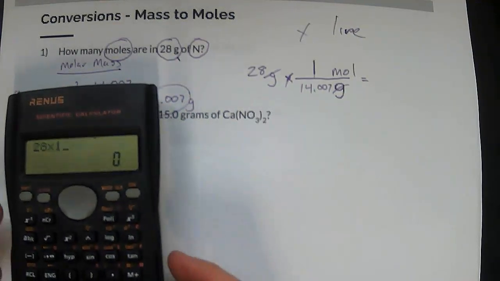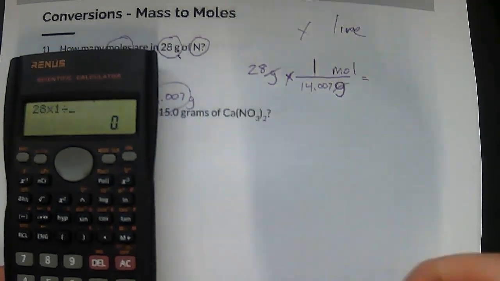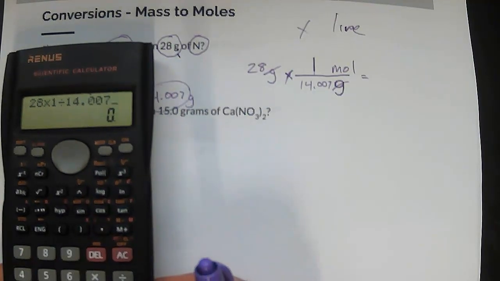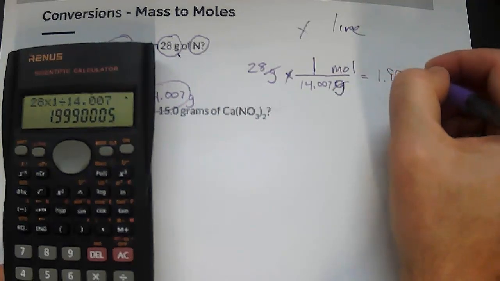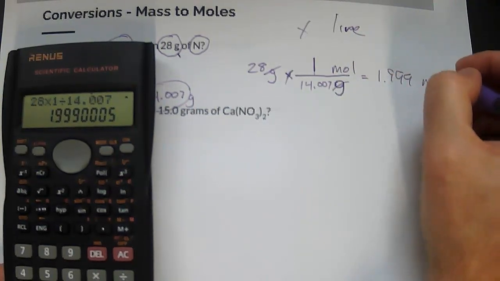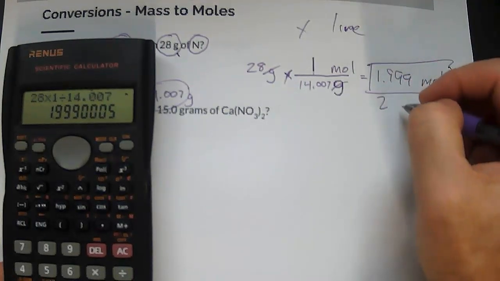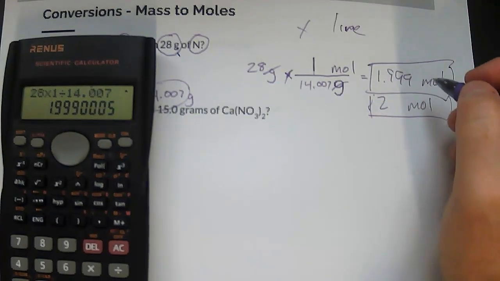You don't have to multiply by 1 if you don't want to. Remember, that's just going to give you the same answer back. Divided by 14.007, we get 1.999 moles as our answer. Now if you wrote 2 moles, I won't argue with you if you rounded that.